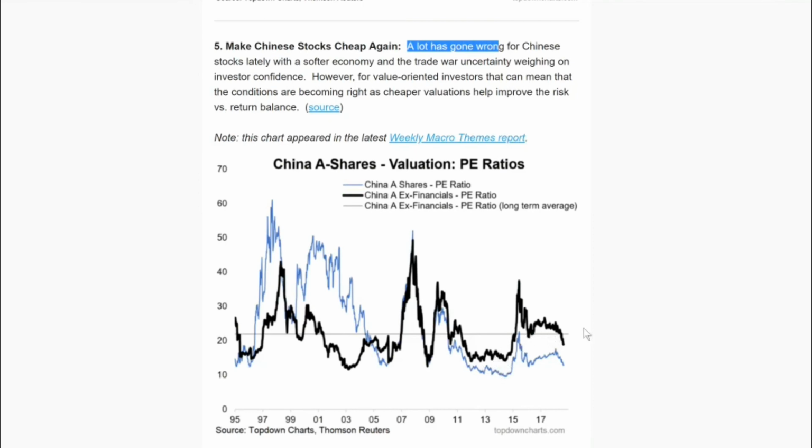But this period following the bubble, you definitely wouldn't call them a value play anymore. Now that we have seen this big correction and big adjustment in valuations, it definitely helps improve the risk-return balance. I still think the macroeconomic outlook for China is quite complex, but should we see a more forceful policy response combined with cheaper valuations, that's going to make for a very interesting setup.